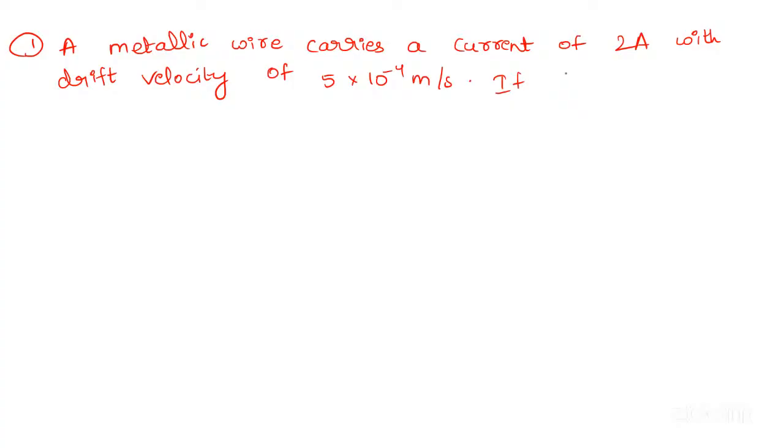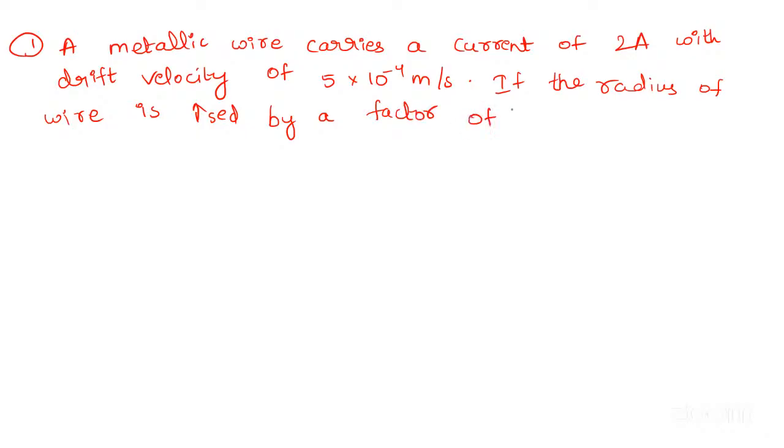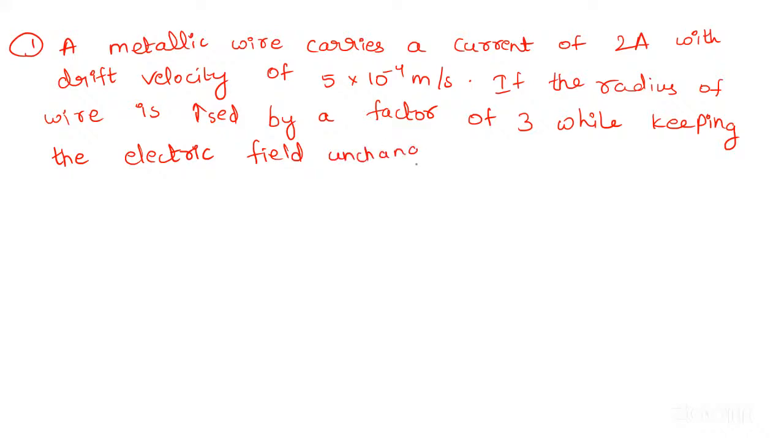If the radius of the wire is increased by a factor of 3, keeping the electric field unchanged, we have to find the new current through the wire.